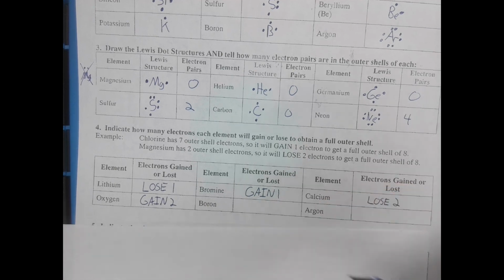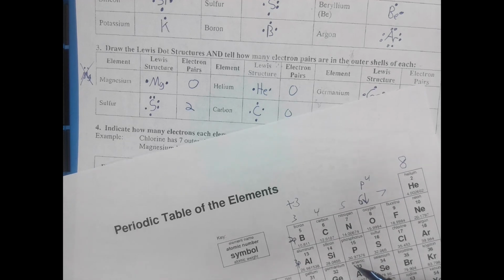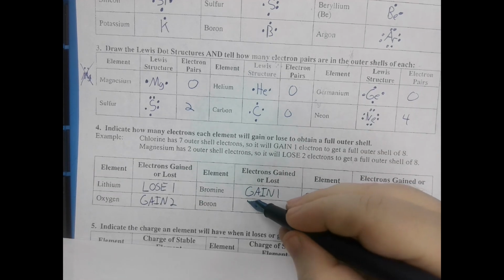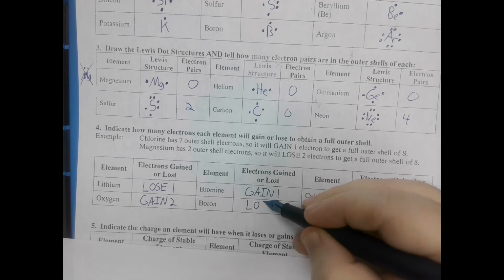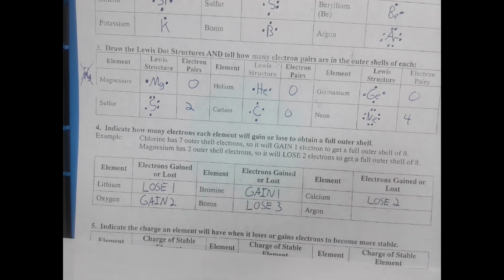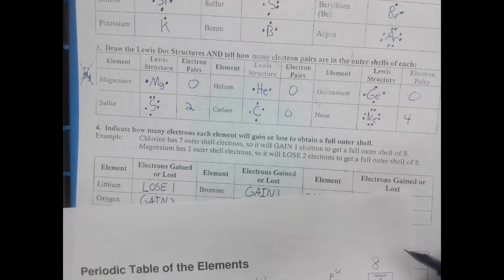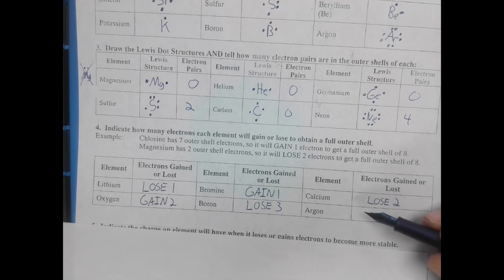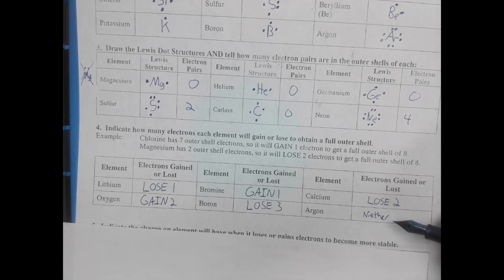Boron has 3 valence electrons. It would rather lose those 3. Argon is a noble gas, so neither. Or you could have put gain/lose 0.